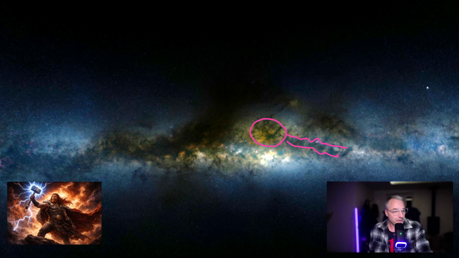Thor is described as red-bearded with sparkling eyes and a mighty voice. And we already know that his red beard is the striped shadow here.